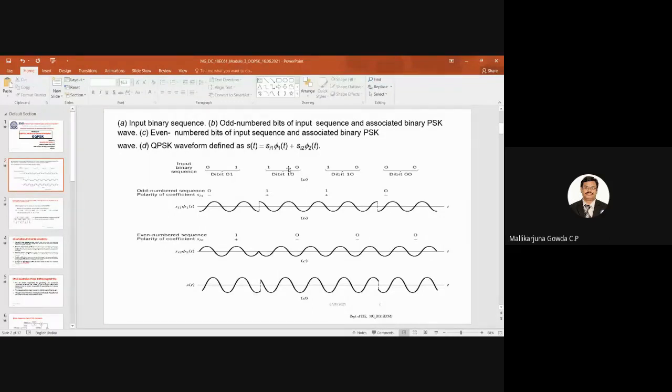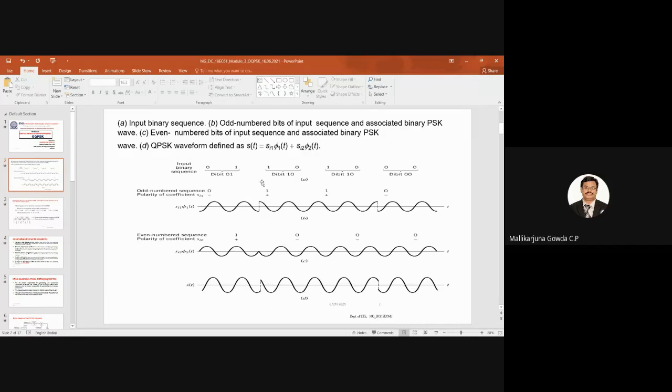The next dibit is 0 1. For this, the starting phase is 135 and it ends with 135, right? So from 315 to 135, what is the phase difference? It is 180 degrees, right? So there is a phase shift of 180 degrees, not 90 degrees.